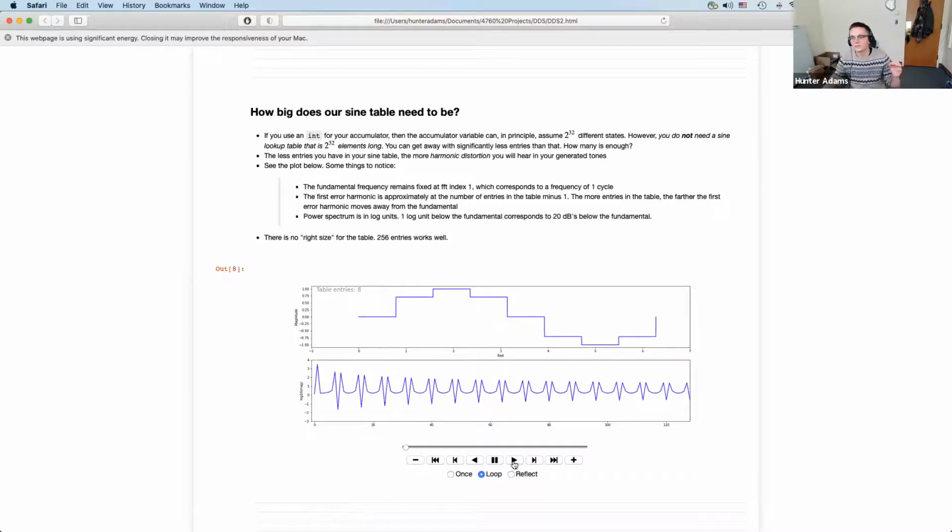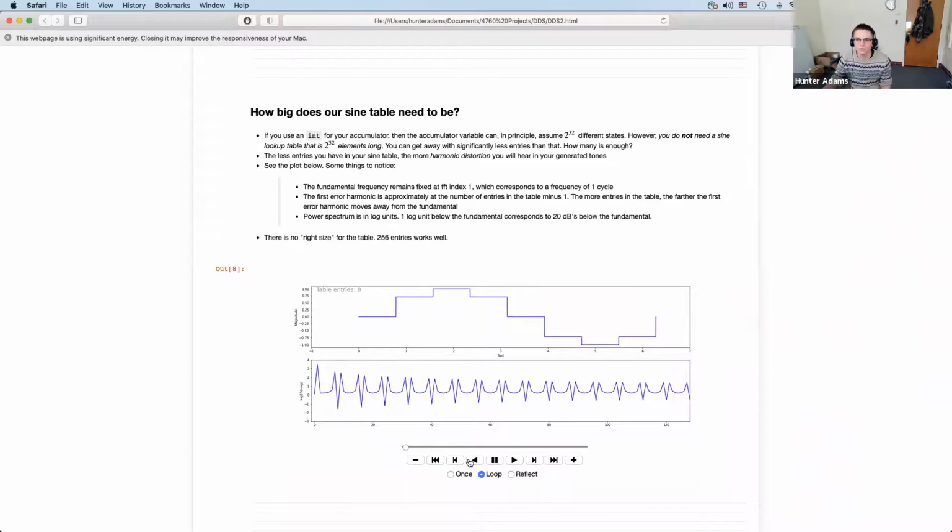I'm going to play an animation here where, in this particular example, we have 8 table entries in our sine lookup table. If you count these, we have 8 steps in our sine here. And at the bottom, underneath this, you can see the power spectrum associated with this curve.